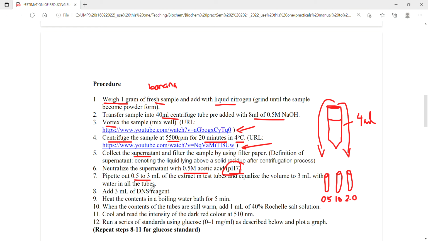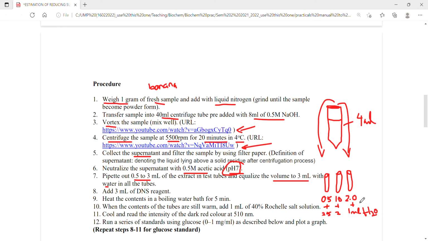Because they say you can take either 1.5 until 3 ml. So if you do this 0.5, 1 and 2, they also said you have to equalize until 3 ml. So you have to add here 2.5 of water. Here must add 2, right? And here must add 1 ml of water.